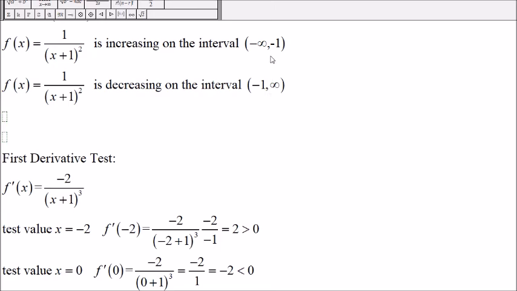What that means is that if we pick any number from this interval, let's say negative 2, and evaluate the derivative at negative 2, we'll end up with something positive, because the function is increasing on this interval. In fact, if we let x be negative 2, then in the place of x we put negative 2.